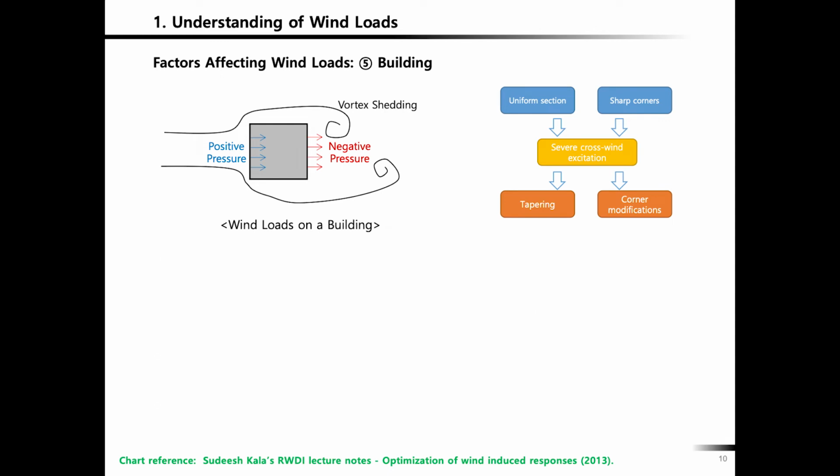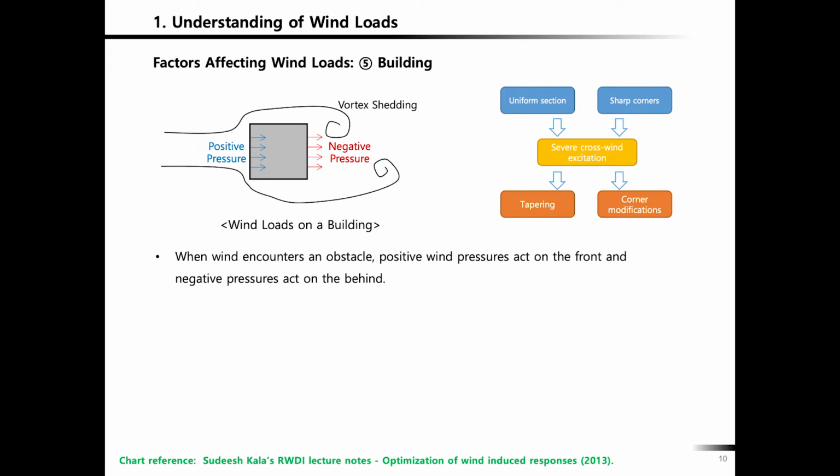Next, building itself. When you have a windward face, of course, this wind speed becomes zero right there. Of course, at the side, it goes around there, but in the middle, maybe it just stops there. So then it's transferred to pressure, positive pressure, we call that. And then on the leeward building facade, you see a little bit of suction.